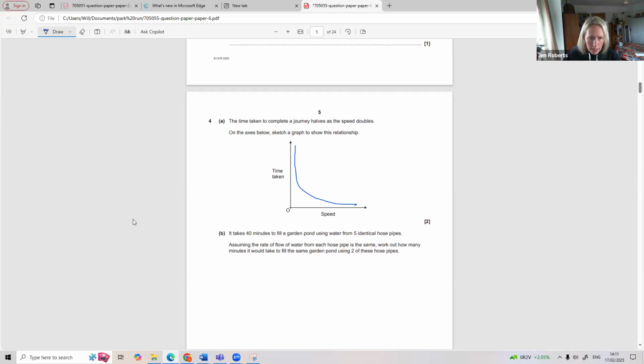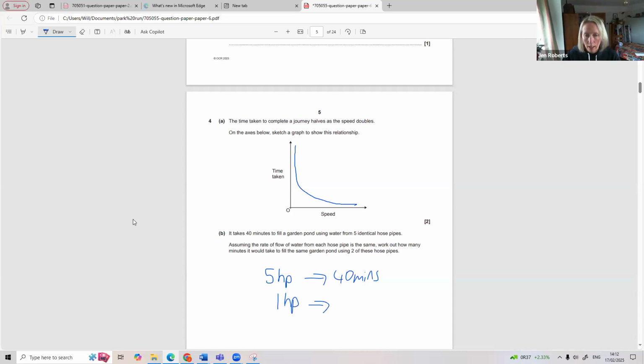Okay, it takes 40 minutes to fill a garden pond using water from 5 identical hose pipes. So 5 hose pipes takes 40 minutes. Assuming the rate of flow of water from each hose pipe is the same, work out how many minutes it would take to fill the same garden pond using 2 of these hose pipes. I'm going to work out for 1 hose pipe first.